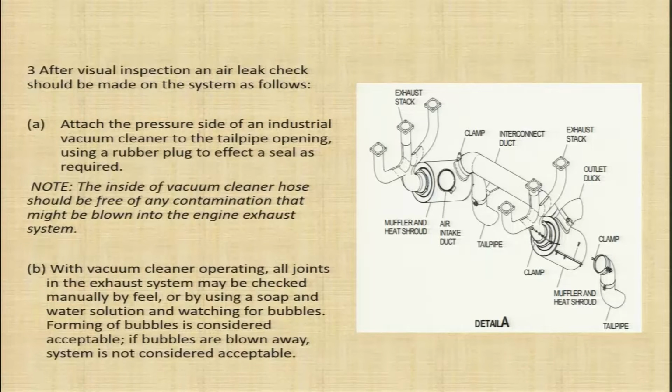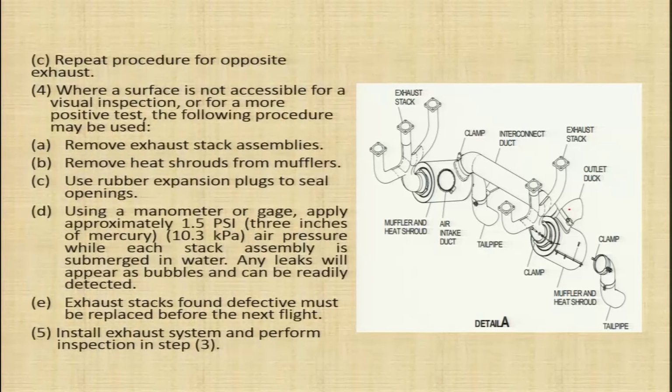Forming of bubbles is considered acceptable. If bubbles are blown away, the system is not considered acceptable. So, when the bubbles are formed, the system is considered acceptable, but in case bubbles are being blown away, then your system is not considered acceptable. This procedure should be checked for both exhaust systems.